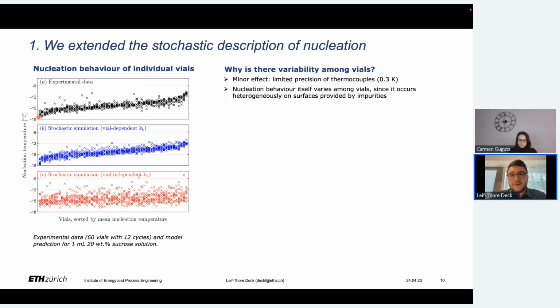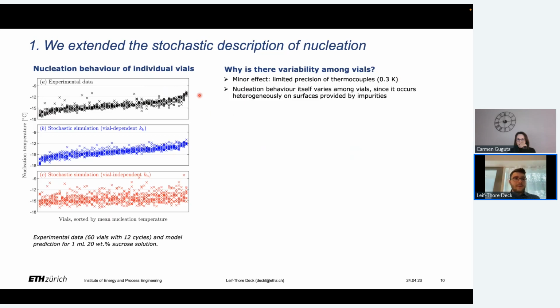Now, the first thing we have to consider is, do we maybe have some errors here in how we measure temperature, the thermocouples? Because, of course, every vial is immersed with a different thermocouple. So we had to do a study on the batch of thermocouples, what is our precision there? And we found that actually the thermocouples do not deviate by more than 0.3 Kelvin between each other, which is actually an order of magnitude less than the variability that we see here.